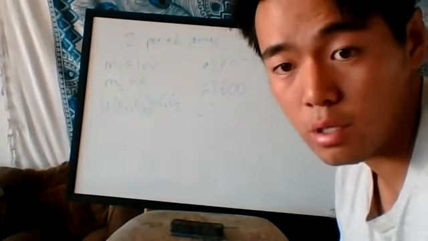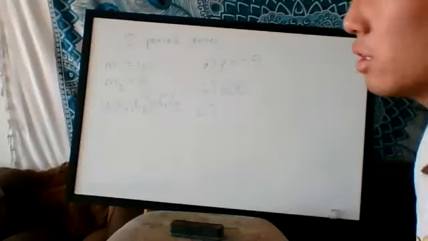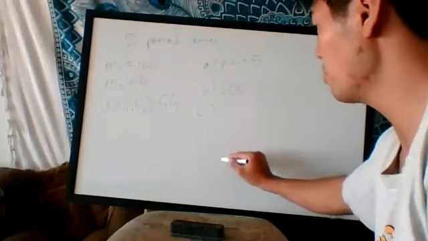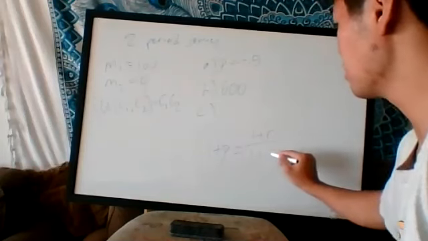To clarify, if you're going with the nominal interest rate, you're going to say 1 plus r. And if you're going with the real interest rate, you're going to say 1 plus rho. If you remember, 1 plus rho is equal to 1 plus r over 1 plus pi.